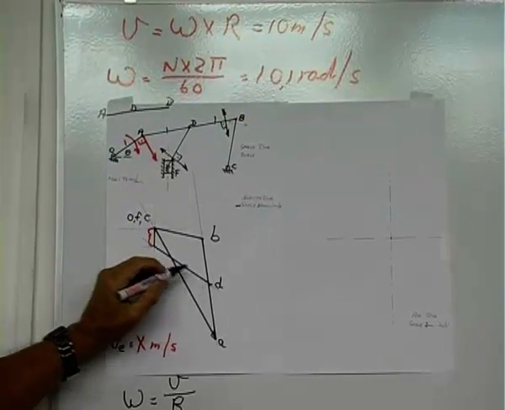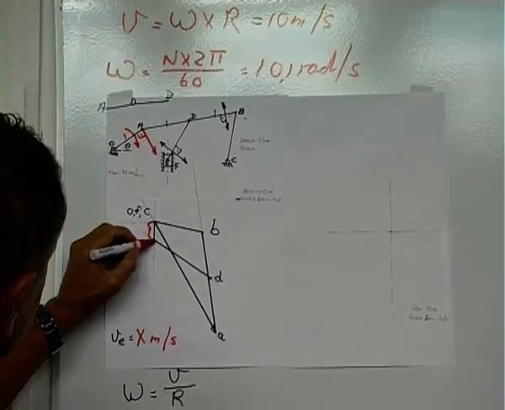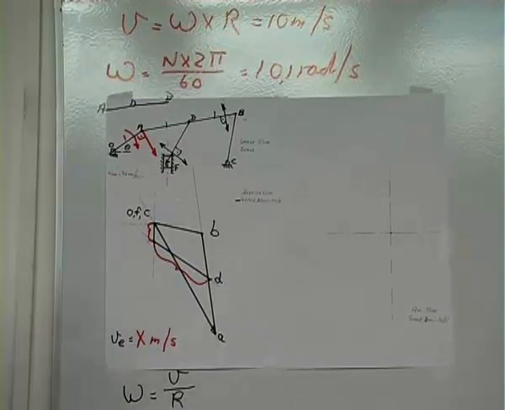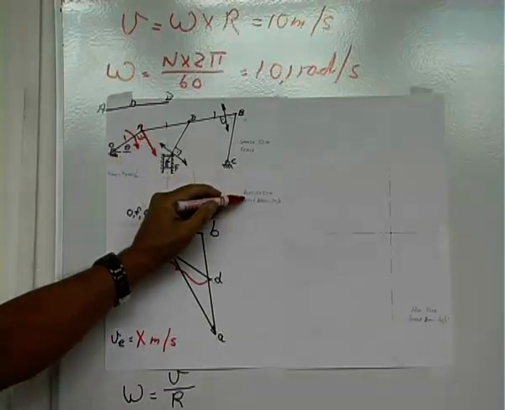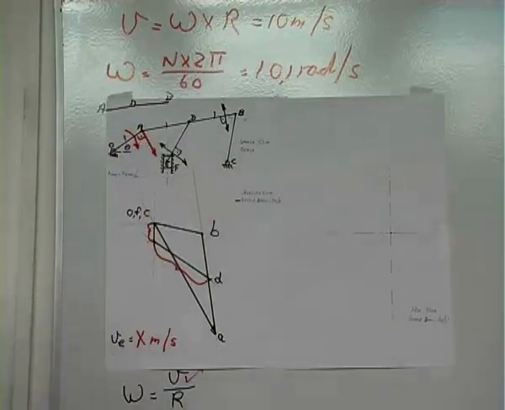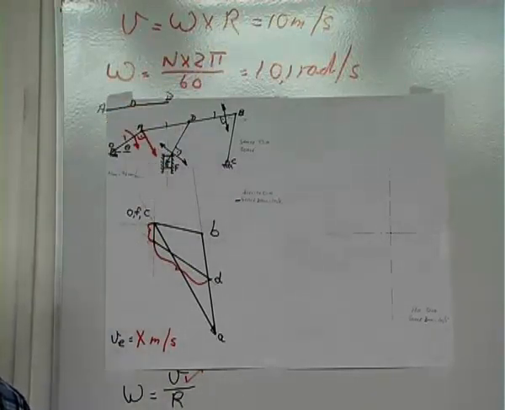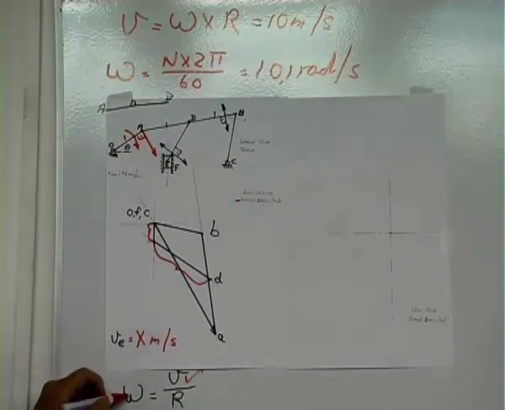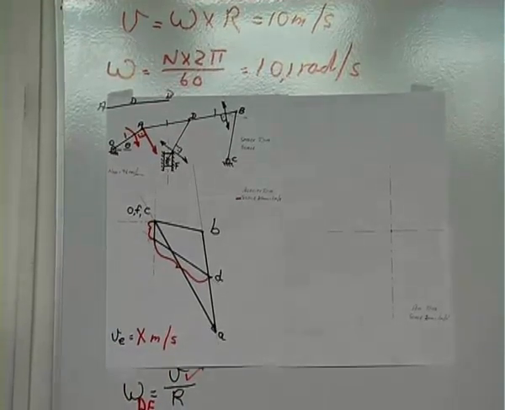There is D, there is E. If you measure this distance, that will be the relative velocity of E to D. Working through the scale will give you that answer. The radius will be the length of link DE. And if you divide the velocity by that, it will give you the angular velocity of DE.